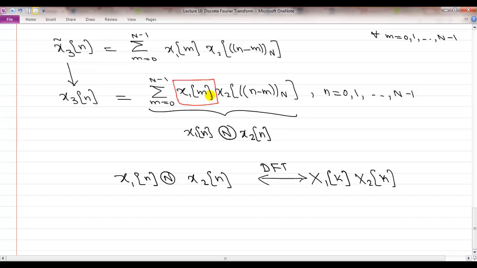So in linear convolution, you fix one sequence, you flip the other sequence. In circular convolution, you circularly flip the other sequence. What I mean by circular flip is, if I am given a sequence x2 of n, the circular flip is x2 of minus n mod N. This is circular flip.